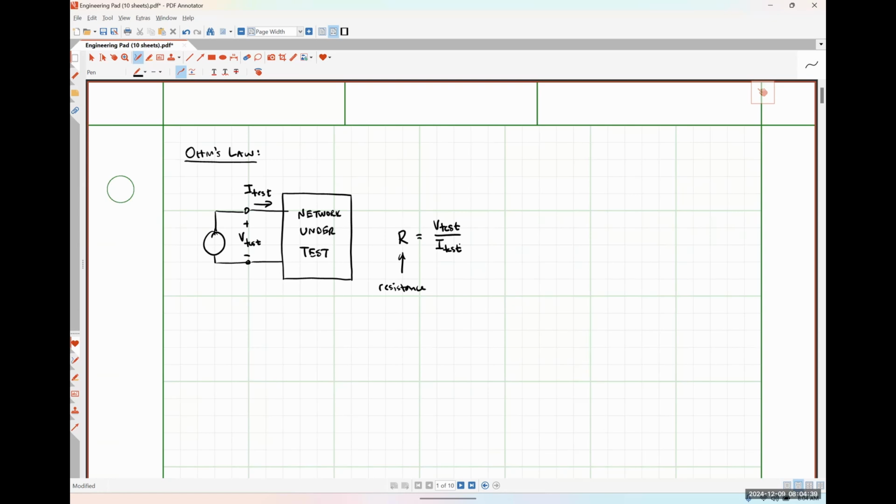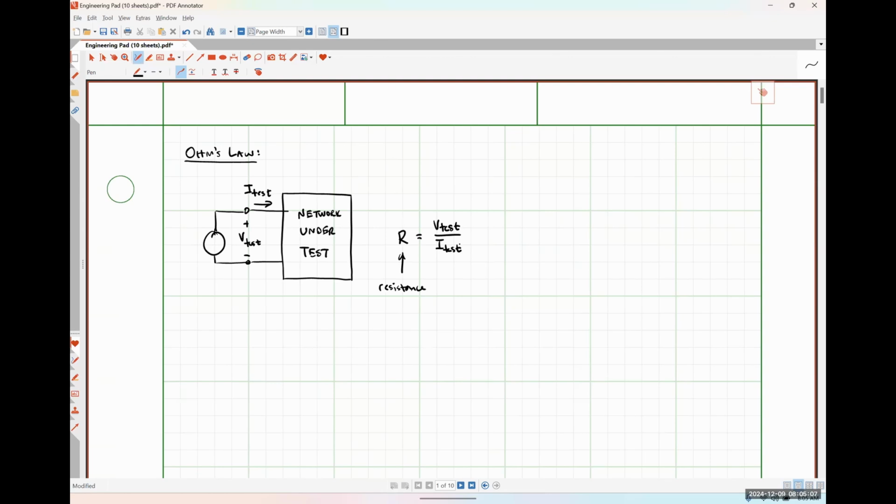And we can effectively just get rid of those subscript tests, which tells us that resistance is simply the ratio of the voltage drop across an element, network, et cetera, divided by the current flowing into that same network or element, et cetera. And you could rearrange this if you were so inclined to the more familiar V is equal to I times R that you guys learned back in your Engineering 120 series.